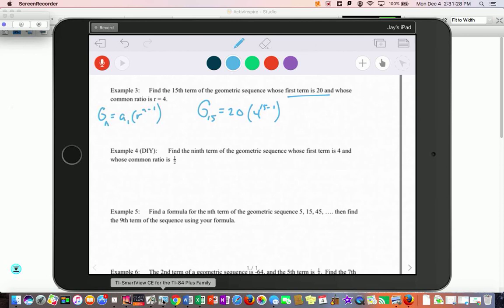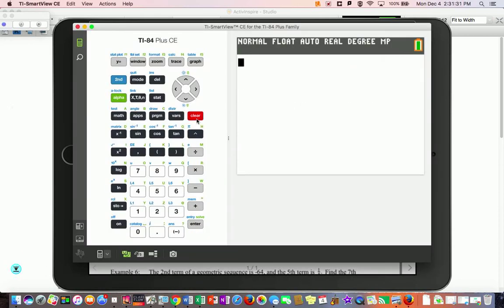On the calculator, it would look like first term 20 times an R value of 4, raised, and only the 4 gets raised to the 15 minus 1, or 14. Those of you that have the calculator that puts the little caret symbol on it, you're going to have to put this in parentheses or just do it in your head.